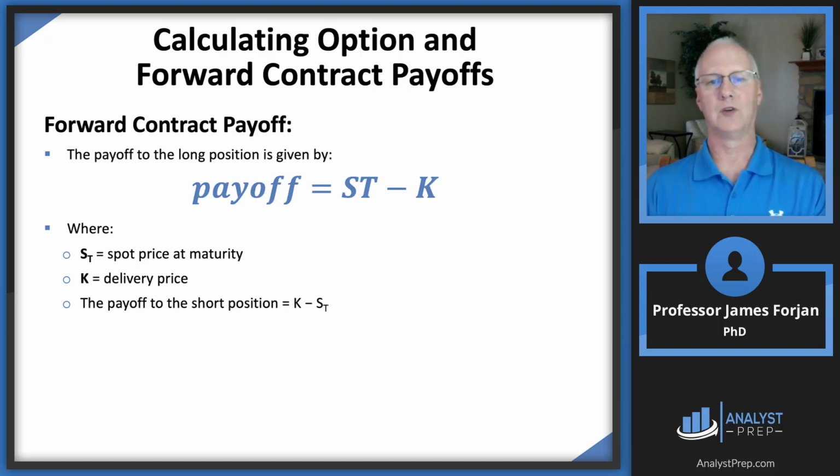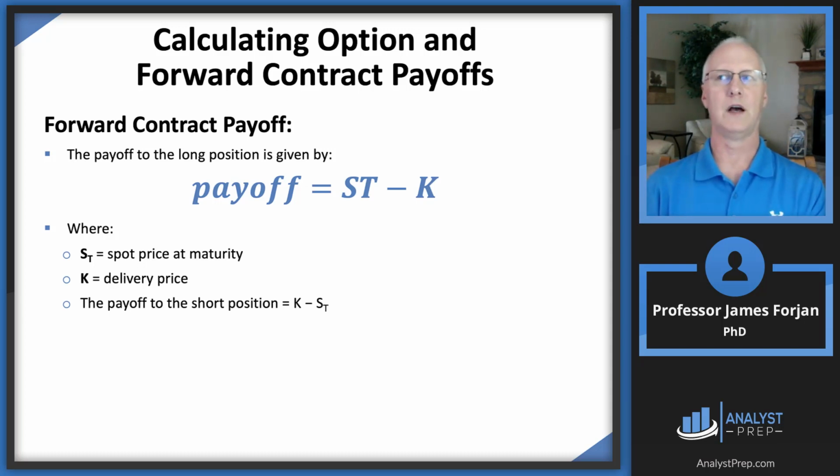Now, the forward contract payoff to the long position is very similar. All we're going to do is take the difference between the spot price at maturity and the delivery price, which was determined when we signed that original forward contract. And so what was my example here? I said we agreed to trade at $100 for my calculator, right?